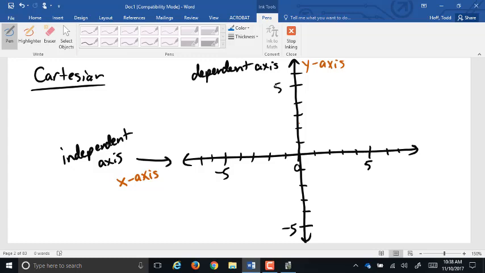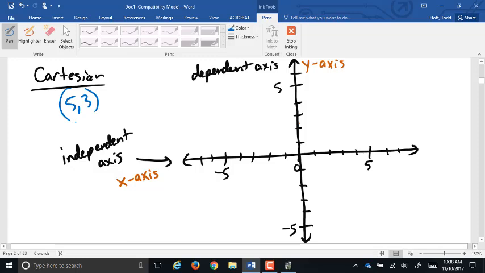So if I wanted to graph that pair, 5, 3, I would go to the horizontal axis. This first number is always the independent or the x variable, the horizontal variable. That's 5 on that axis right there. The 3 then is on the dependent axis. 3 is right there.